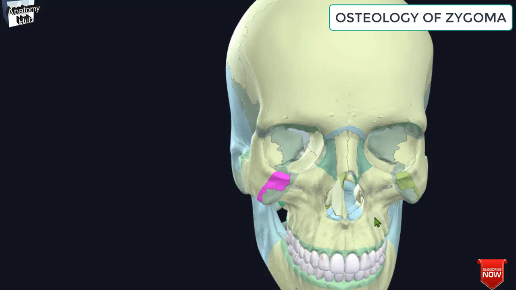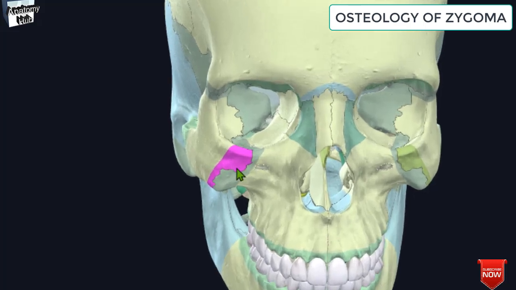So in this model you can observe that this is the maxillary process of the zygomatic bone, and here you can see this is the maxilla, means your zygomatic process of the maxilla, and this is the maxillary process of the zygomatic.